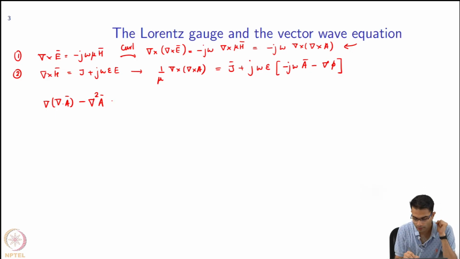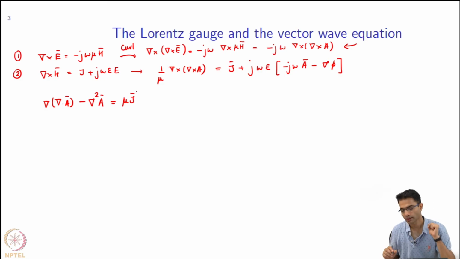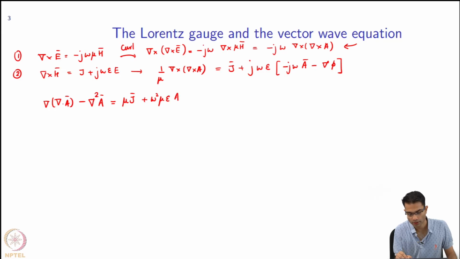Okay, this will become mu j. Then I have, what else do I have? I can take this minus sign outside. So plus omega squared mu epsilon A. What else? Minus j omega epsilon mu grad phi. Okay.